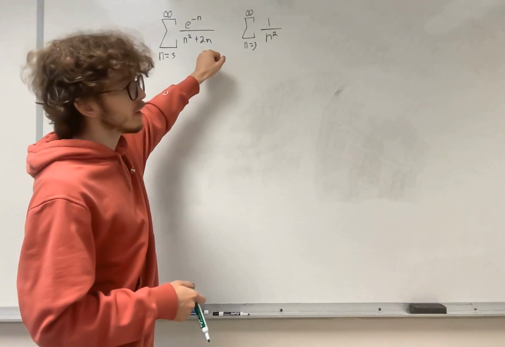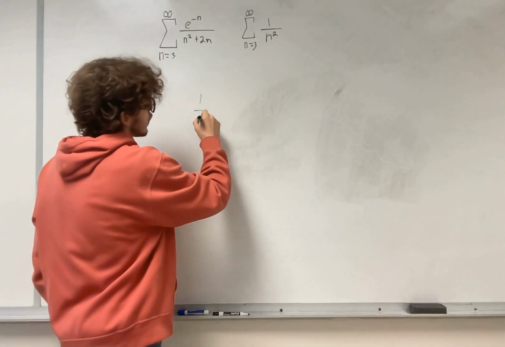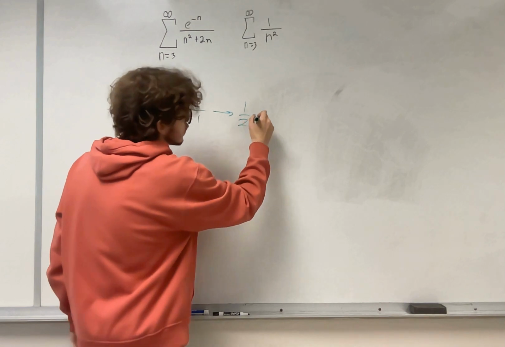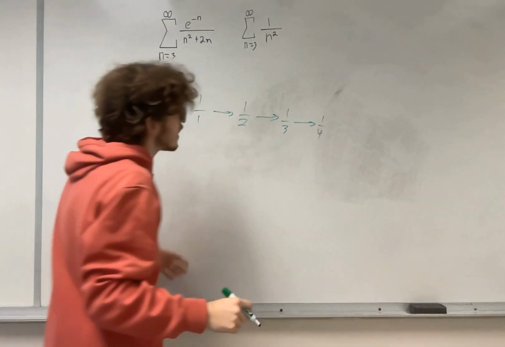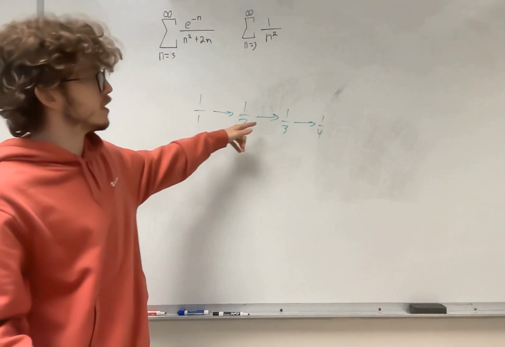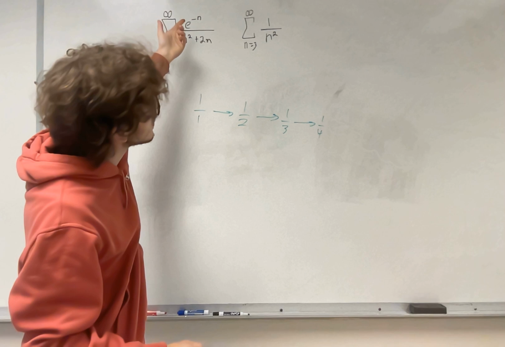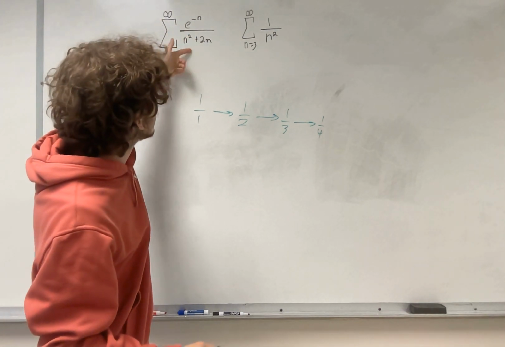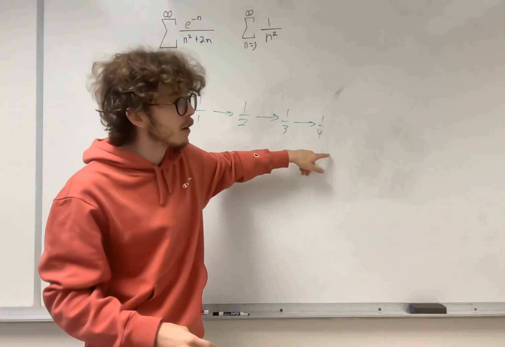So if this is growing the denominator, what does that do to the overall value? Think about what happens with 1 over 1 to 1 over 2 to 1 over 3 to 1 over 4, right? As we increase the value of our denominator with a constant numerator, which in this case would be 1 really, because this would be this quantity times e to the n, right? It's making the value less, right?